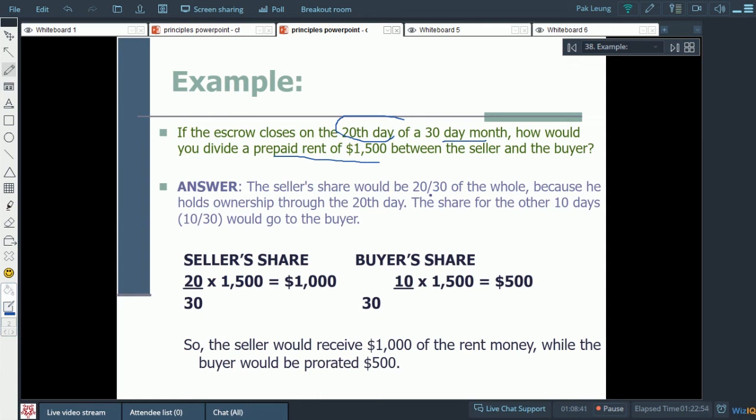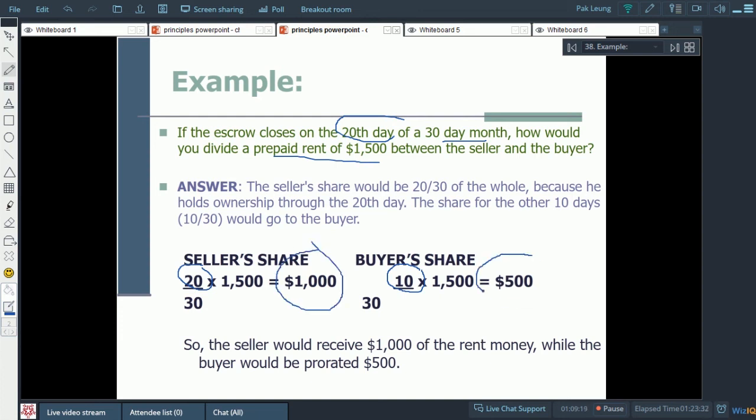Okay? 结束这一天是20号, OK, 它讲是30天那个月份在里面, 他收到的租1500, OK, 这个 escrow 怎么去分配？The answer, okay, the seller share will be 20 divided by 30 of the whole, okay, 30分之20, OK, because he holds ownership through the 20th day, okay, 20号这天还是屋主的. Okay, the share for that other 10 days will go to the buyer.